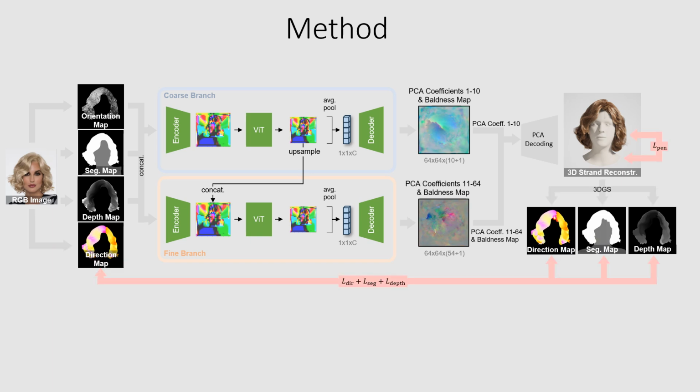So, for real data, we use photometric losses instead. Specifically, we attach Gaussians to each strand segment and soft rasterize the depth, silhouette, and direction map. We supervise the method with pseudo-ground truth estimated using off-the-shelf methods. Finally, we penalize head-hair penetrations.